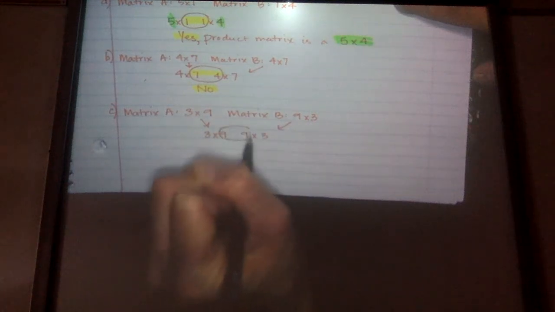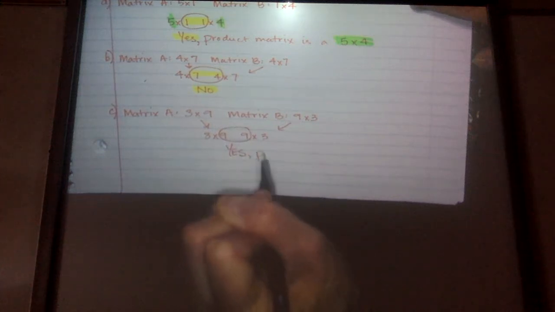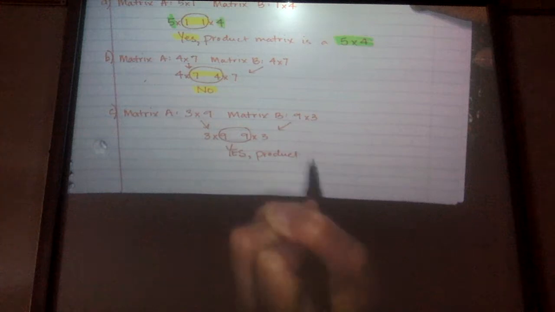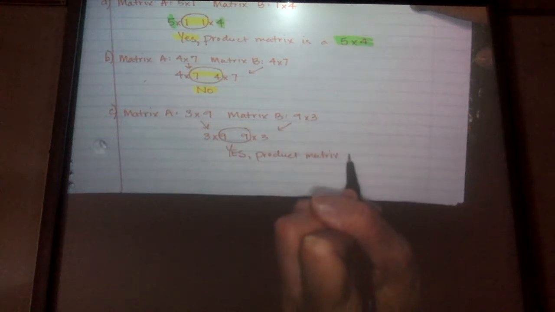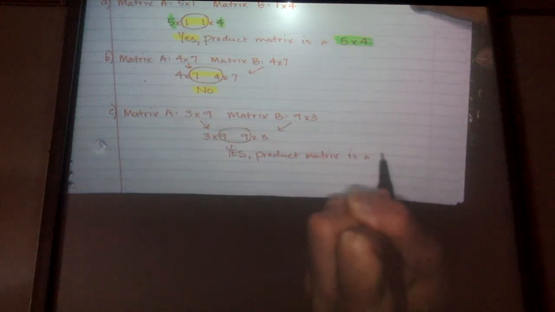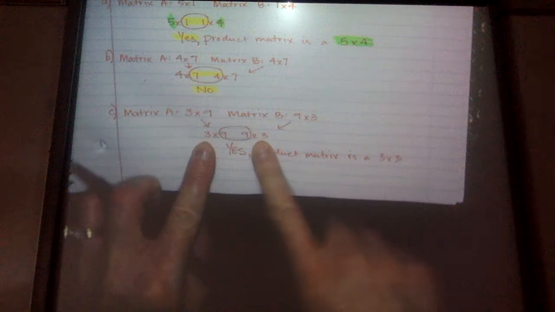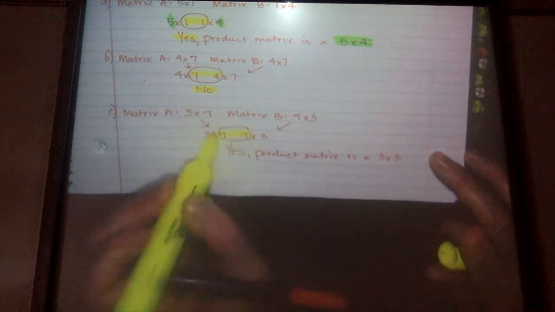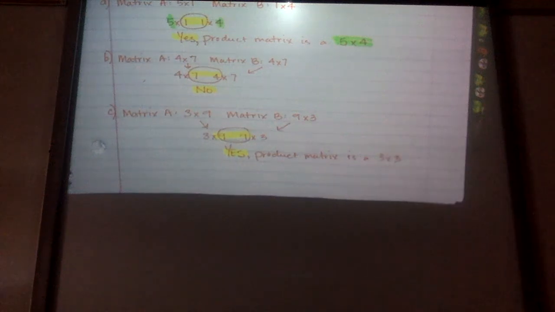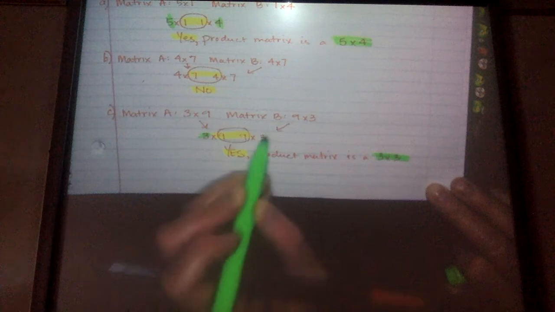The two middle numbers are the same. So yes, and the product matrix, believe it or not, is going to end up a 3 by 3 because of these outside numbers. So the middle determine if it's yes, and only if it's yes can I then have a result, which in this case would be a 3 by 3.